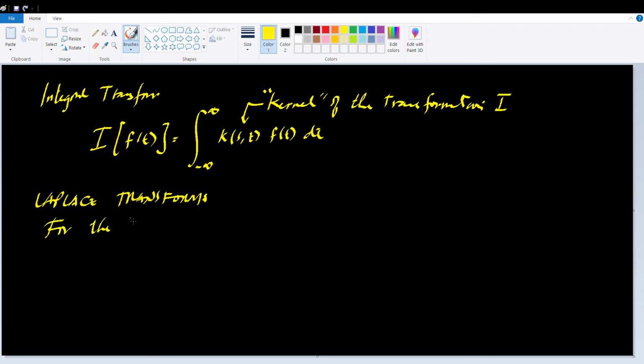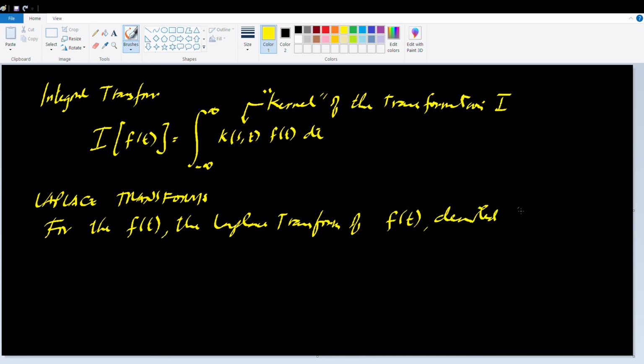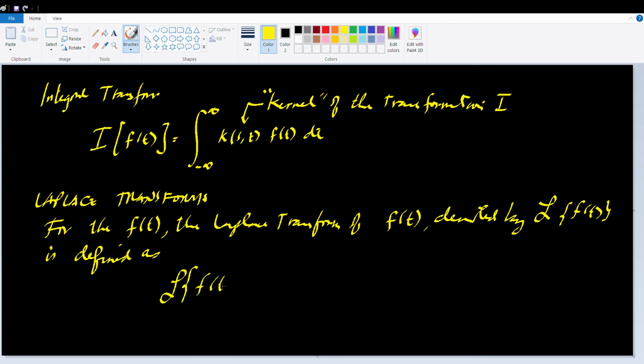For the function f of t, the Laplace transform of f of t, denoted by L of f of t, is defined as the integral from 0 to infinity of e to the negative st f of t dt. In this case, e to the negative st is the kernel of the transformation.